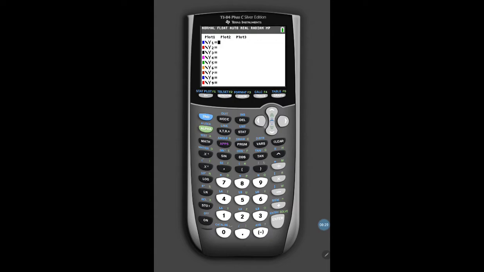I'm just going to go with the absolute value function of x. I'm going to keep that as blue. And then here's what I'm going to do. I'm going to put some a values in there, and let's see what happens. So what if I do 2 times the absolute value of x?